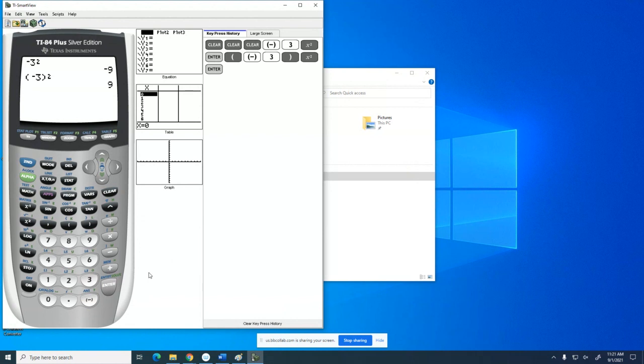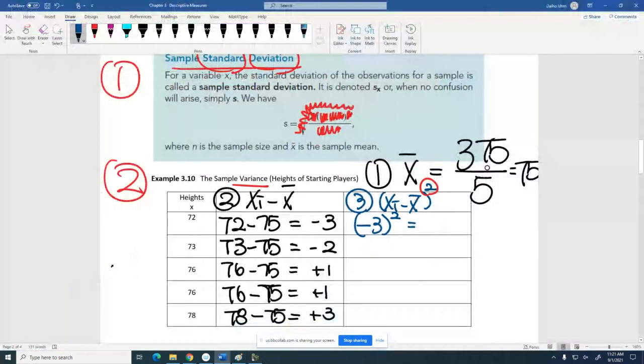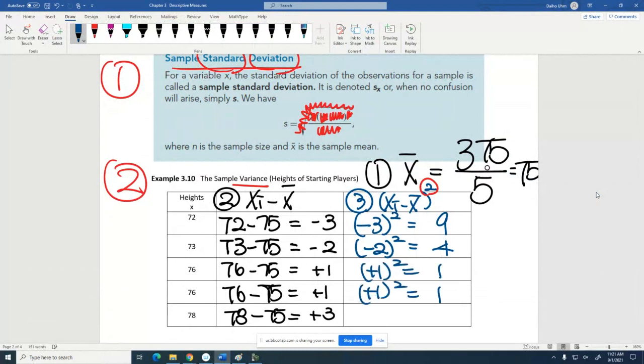Any value, negative, positive, it doesn't matter. Take a square, it must be positive. So even though I got -9, you should understand, it must be +9. Be careful. So let me go back to the example. It must be +9. -2 square, 4. And now +1 square will be 1. +1 square will be another 1. +3 square is again a 9.